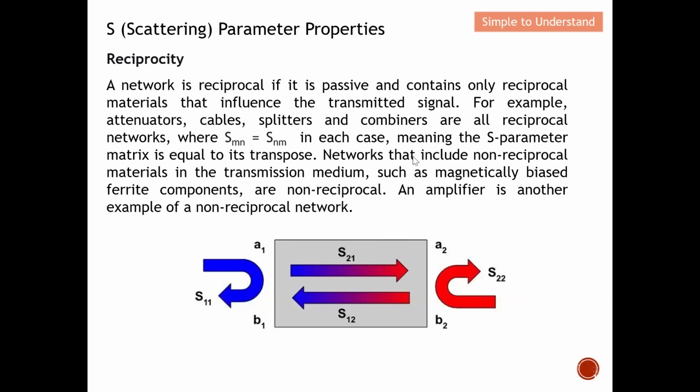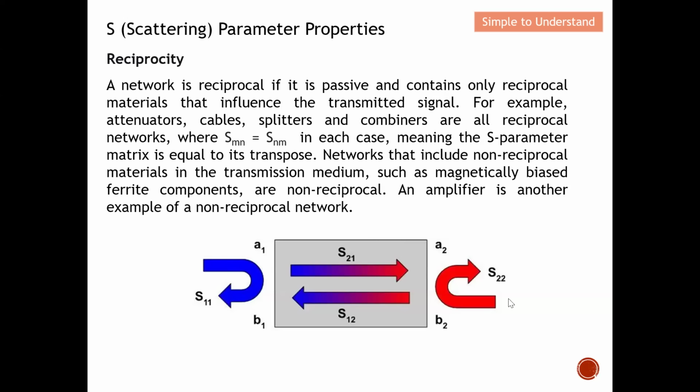A network that includes non-reciprocal material in the transmission medium is non-reciprocal. Like I told you, nowadays we have a lot of materials such as metal, or some newer ones, magnetic bias, ferrite components. An amplifier is also another example of a non-reciprocal network. Because for an amplifier, you know the key purpose is that I want to have a huge gain from input to output.